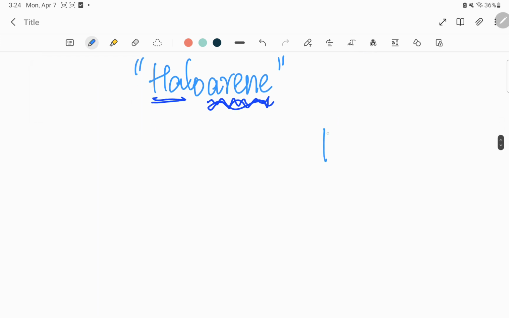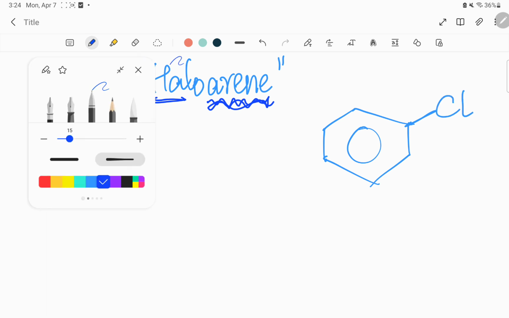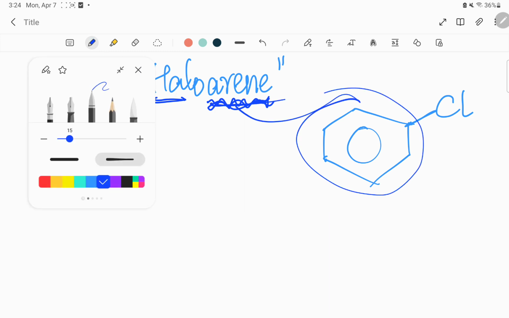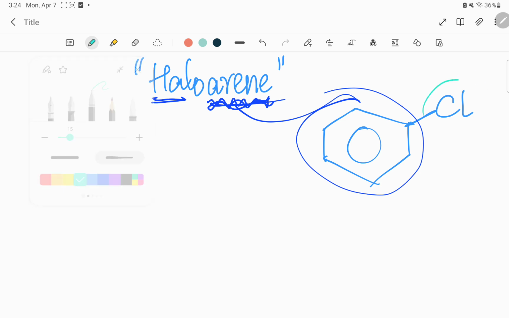So let's say I am taking the example of benzene attached to a halogen. Let's say the halogen is chlorine. So here if you see, the arene is actually benzene and the halogen attached to benzene is chlorine.